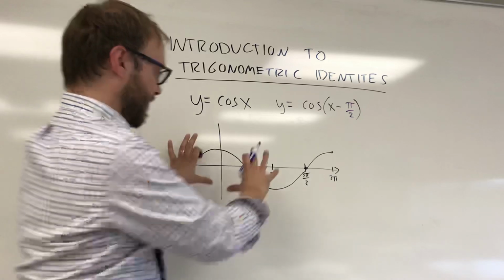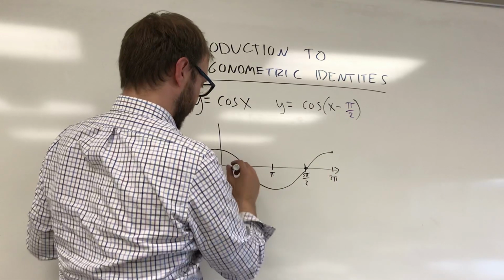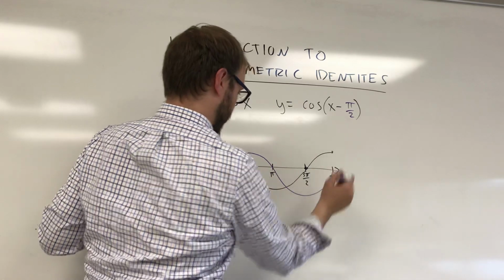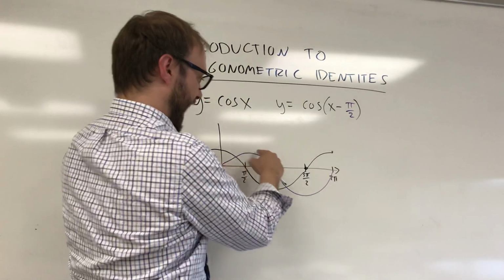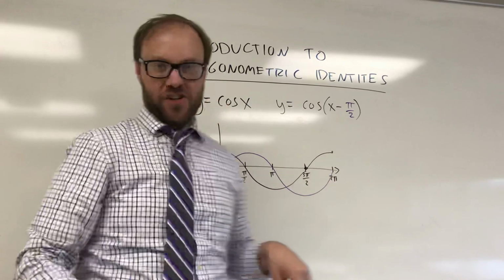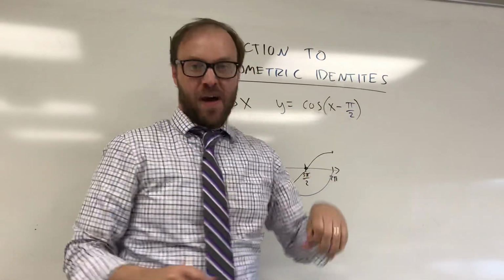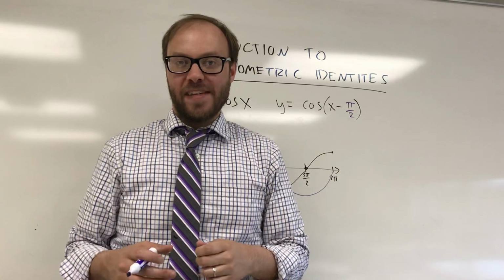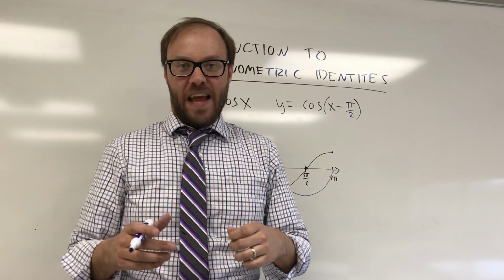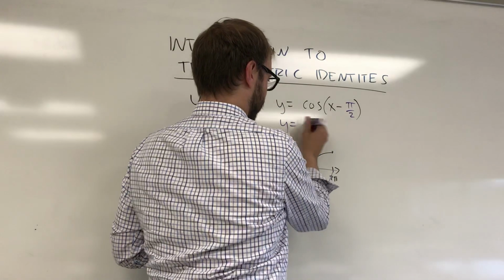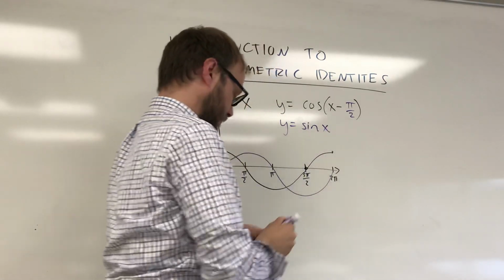And if it shifts forward, what you end up with is a graph that does this. If you notice, that is the sine function. So cosine of x minus pi over 2, or cosine of x minus 90 if you're working with degrees, is literally the exact same function as the sine function.